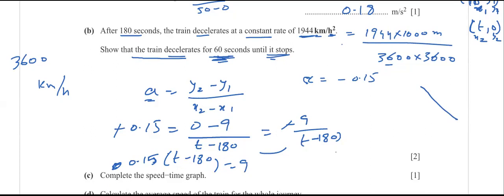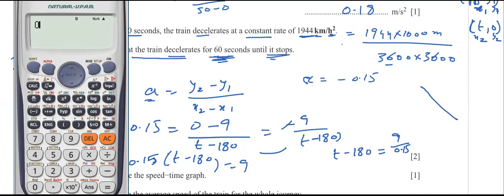And then t minus 180 will be equal to 9 over 0.15 plus 180. No, it will not be that, it will be 9 divided by 0.15.